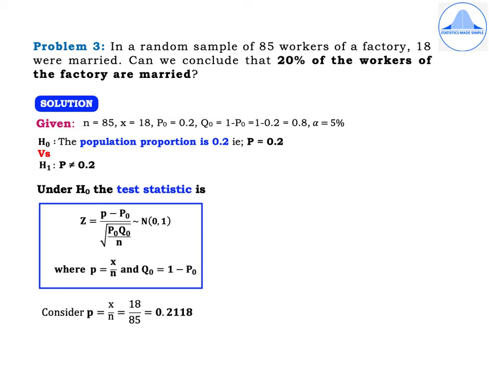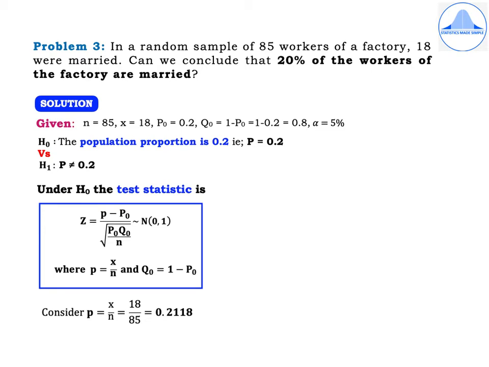Then under H naught, the test statistic is, write the formula, Z equal to P minus P naught, so it is a sample proportion minus the population proportion, divided by root of P naught Q naught by N, which follows normal 0, 1, where small p is equal to x divided by n and Q naught is equal to 1 minus P naught.